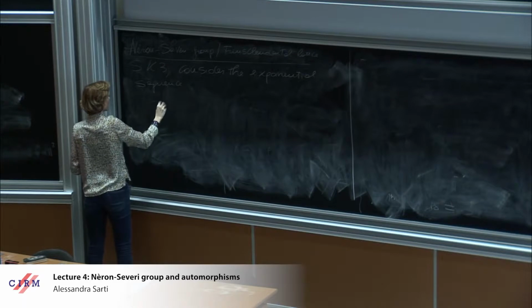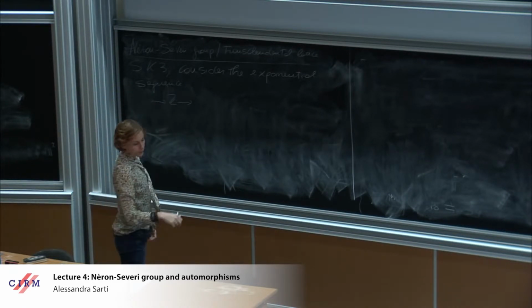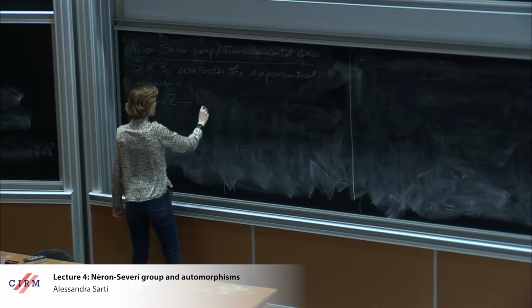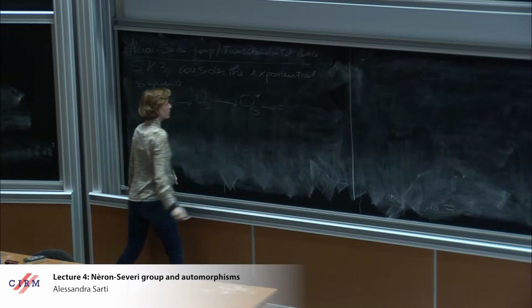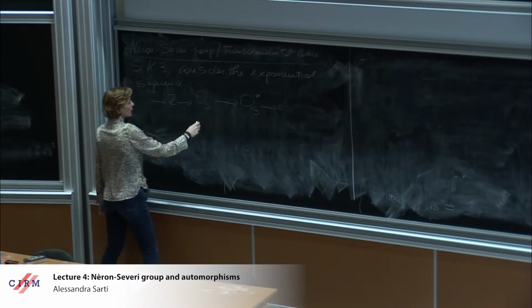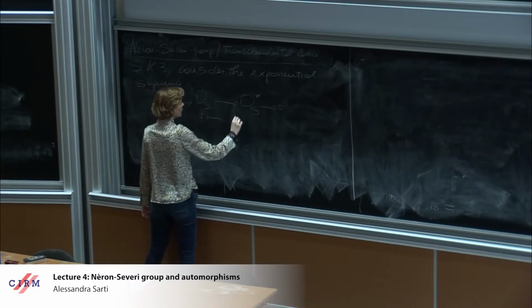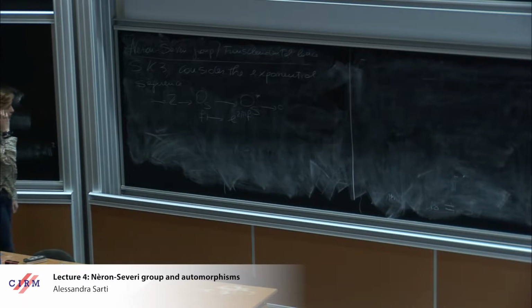So you have Z, then O_S, then O_S star, then 0. It's a sequence of analytic sheaves. Here I have the constant, and here I send f to e to the 2 pi i f, which is never 0.